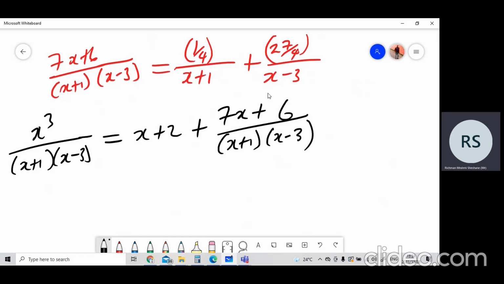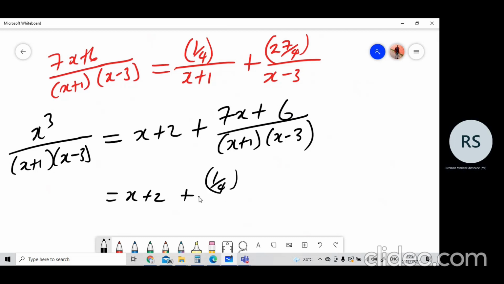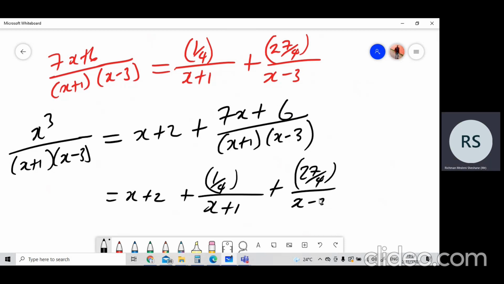What we're doing now, we're putting this into partial fractions, and we did that here: this is the partial fraction of this last term. So now instead of this, we're just going to substitute its partial fraction. So this is x plus 2, and instead of this, let's put 1 over 4 over x plus 1 plus 27 over 4 over x minus 3.